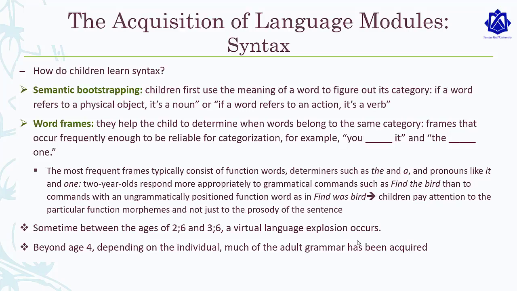So around age 2 and 6 months to 3 and 6 months, we see that children are learning language very rapidly. They develop something like a fully fledged grammar by that age. And beyond age 4, you can see that much of the adult grammar has been acquired by children.